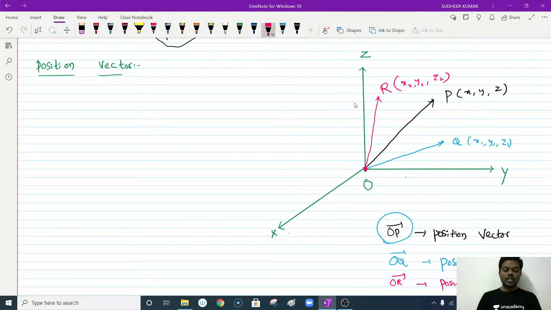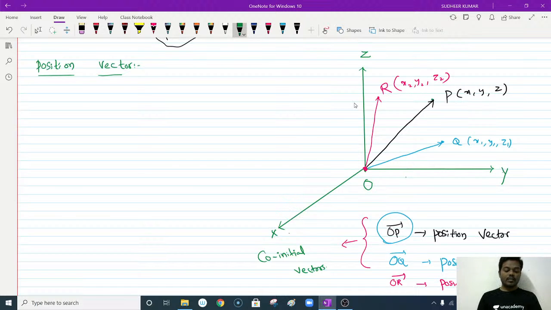So if two or more vectors have the same initial point, those are called co-initial vectors. So these three are also called co-initial vectors.